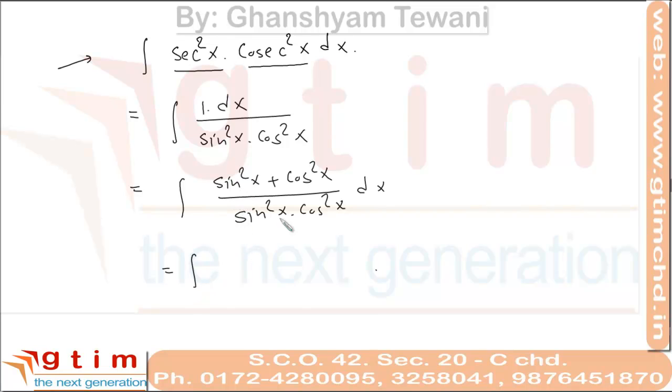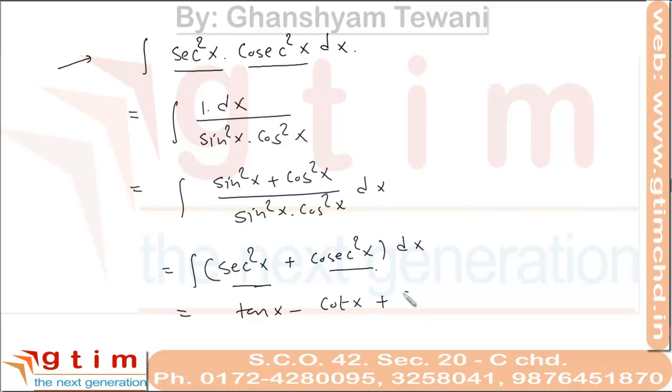Sin square x upon this is secant square x, and cos square x upon this will be cosecant square x. Now these two are by standard formula tan x minus cot x plus c. So this is a bit typical that students don't get the idea to convert this into sine square and cos square and writing 1 as sine square plus cos square.